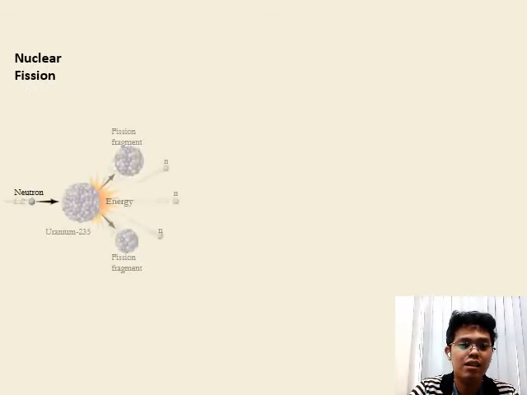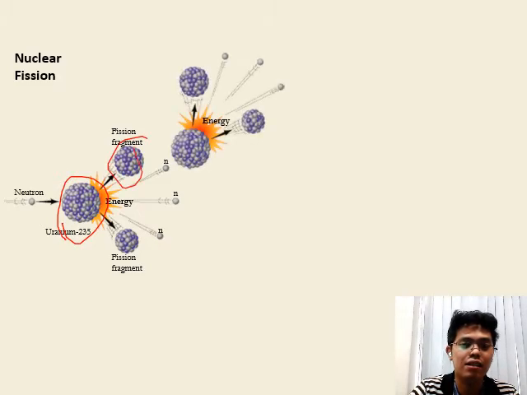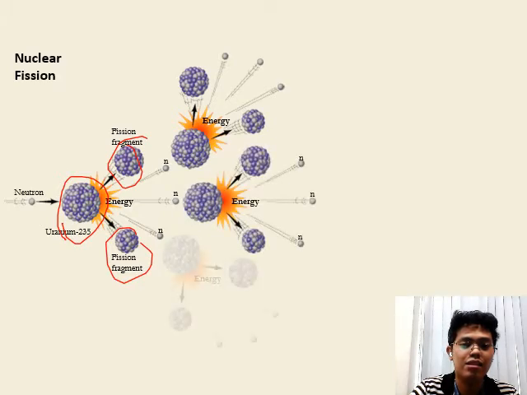And this is what happens when nuclear fission occurs. A large mass isotope like uranium-235 is hit by a neutron and is split into smaller fragments, and it splits continuously.